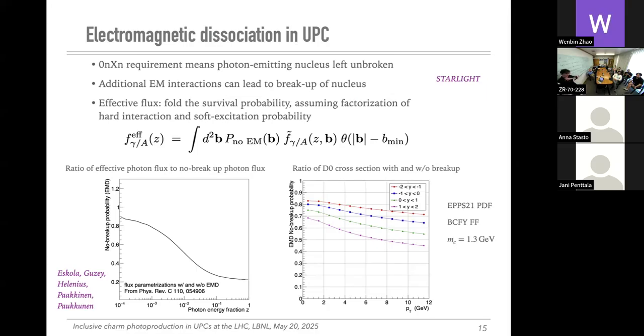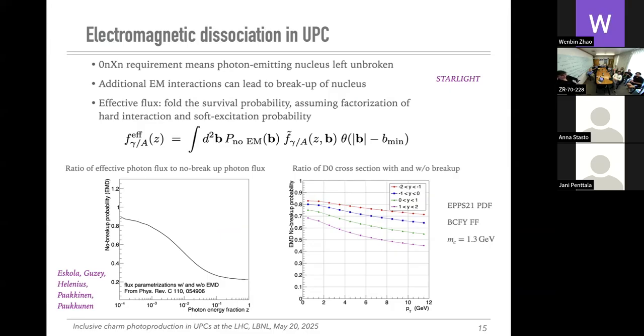Well, I didn't write the formula, but you can find it in Spencer's paper, and it's essentially the probability of no excitation. They have a very nice paper where they deal with this, and they calculated this effective photon flux. Then you can divide by the photon flux that I showed you before as a function of the photon energy, and you get this curve. Okay.